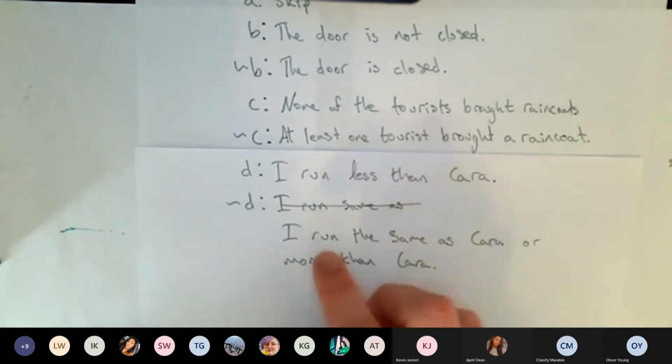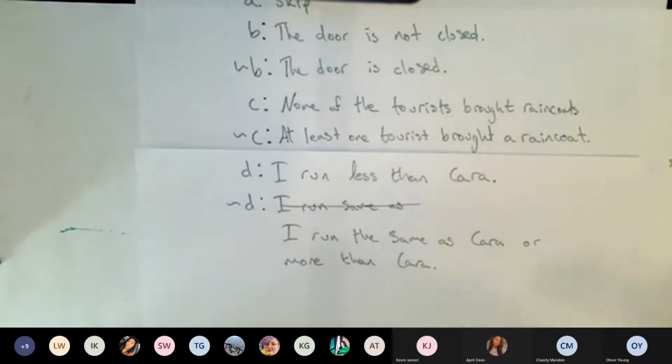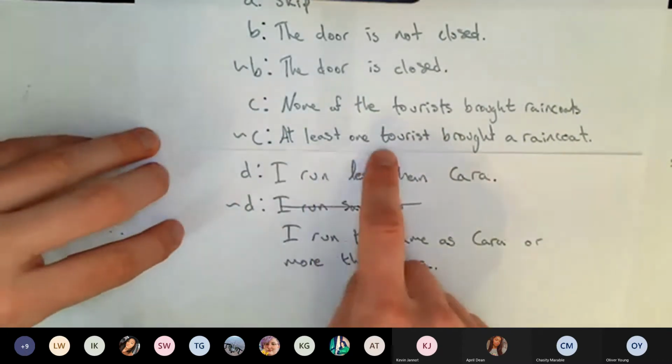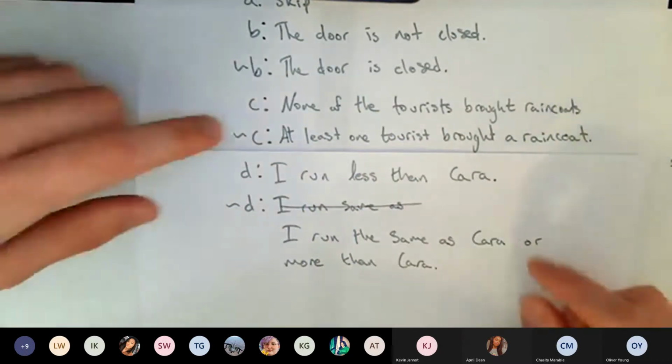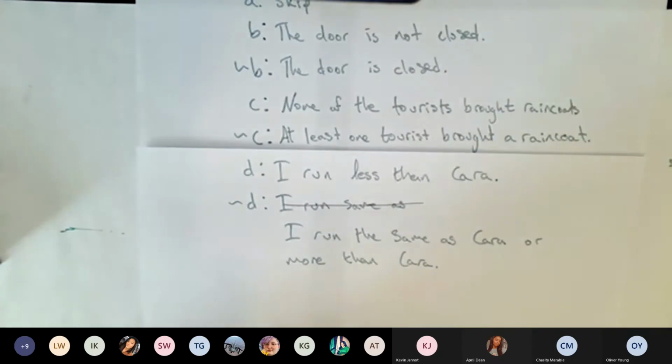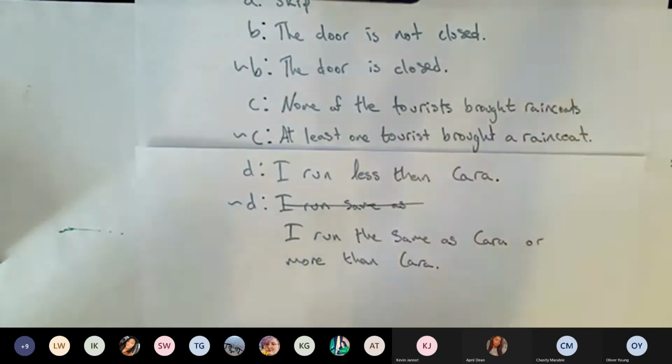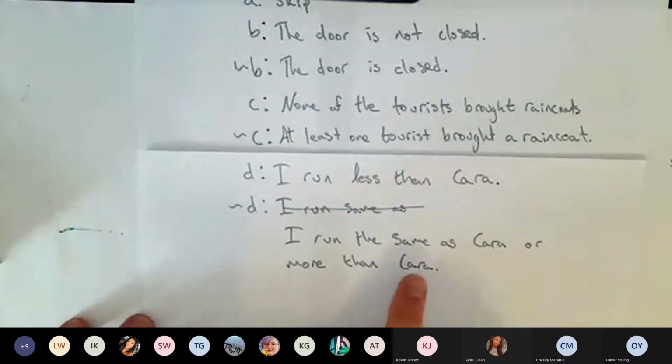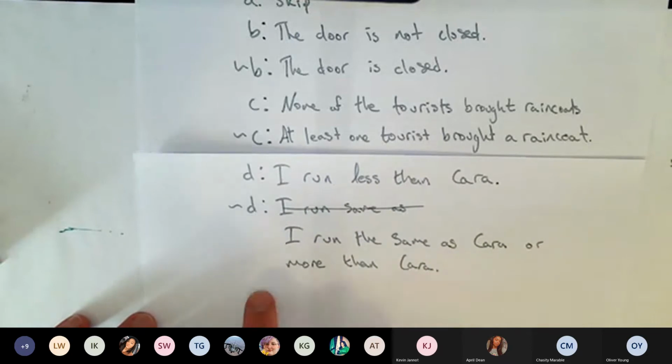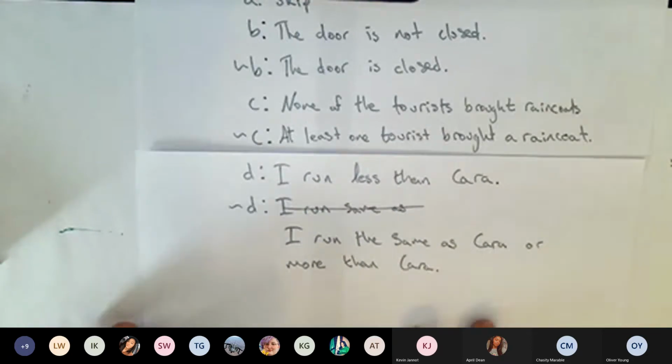And in the negation of C, the way to get all the cases was to say at least one for the negation of none. Now, if I say something is less than something else, and I want the negation of it, then I have to say the same as, so equal to or more than, not just more than, but equal to or more than.